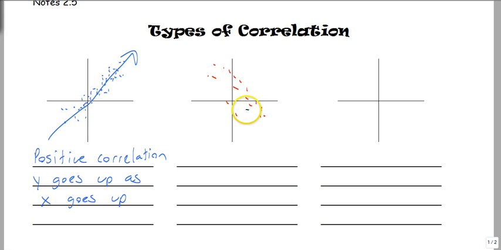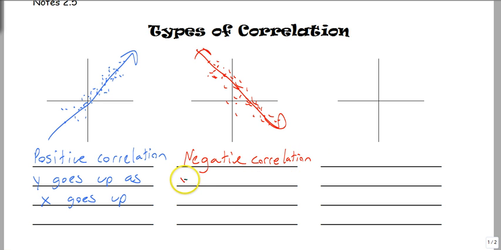You might get data that's kind of all over the place here, but generally has a negative correlation. Again, it's very similar to positive except for opposite. Y goes down as x goes up.